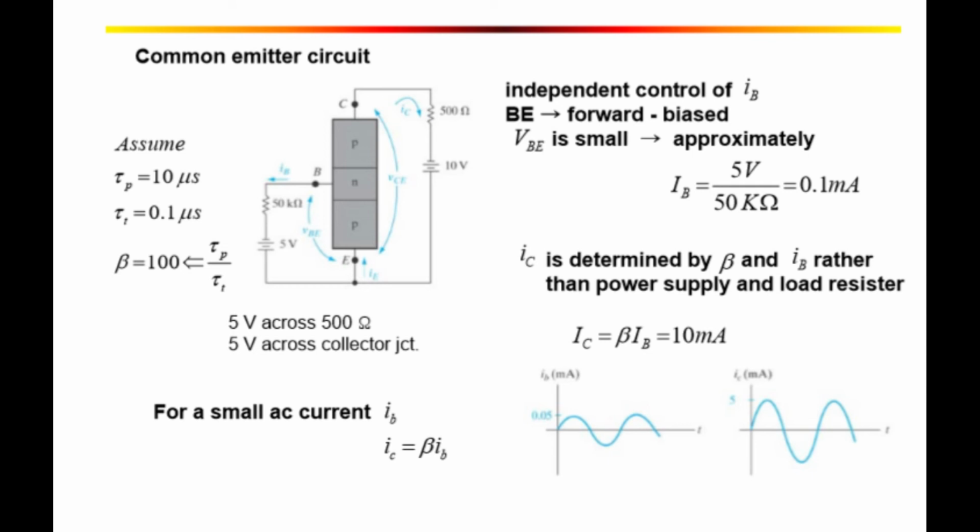However, there is an important difference in the time which electrons and holes spend in the base. The average time which a hole spends is tau t, defined as the transit time from emitter to collector.